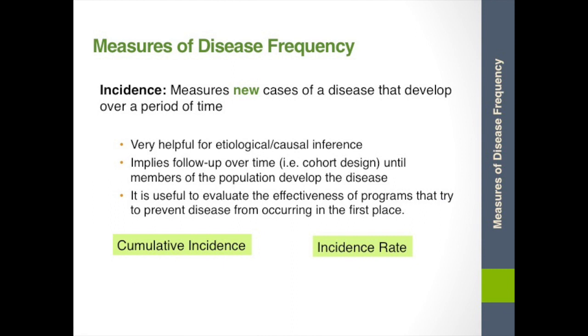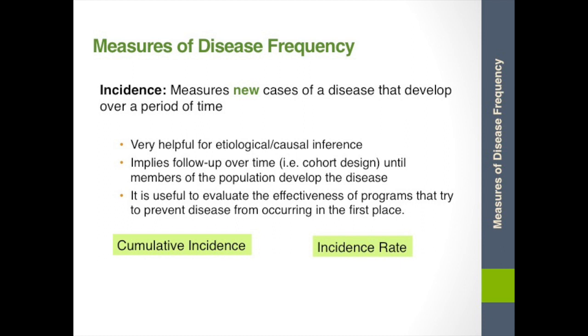Incidence measures new cases of a disease over a period of time in a population who is at risk of developing the disease. Incidence takes into account the specific amount of time that members of a population are followed until they develop the disease. It's a measure that can help to evaluate the effectiveness of programs that prevent disease.